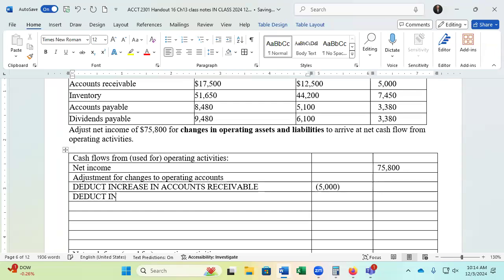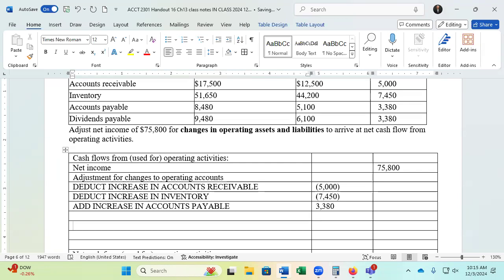We have to deduct an increase in inventory, and that we said was 7,450. And then we have to add the increase in accounts payable, and that's 3,380.